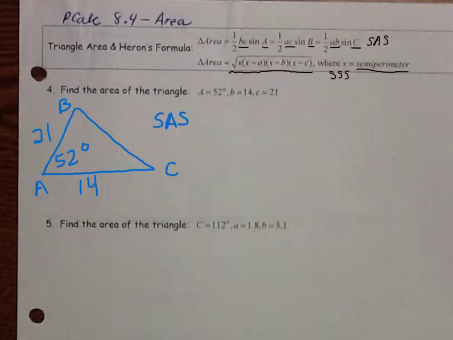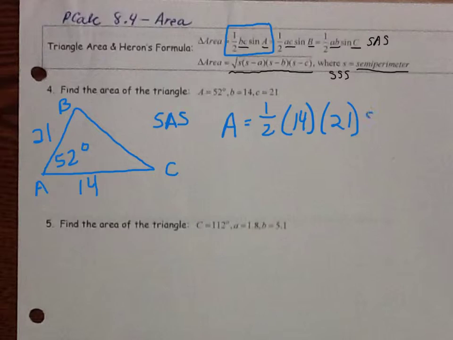If I have angle A, I'm going to be using this first version of the formula. So the area would be, I can do this in one step, which is nice: 1/2 side B, side C, times the sine of angle A.